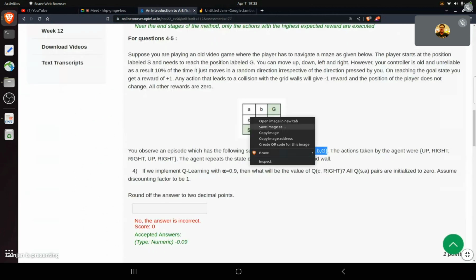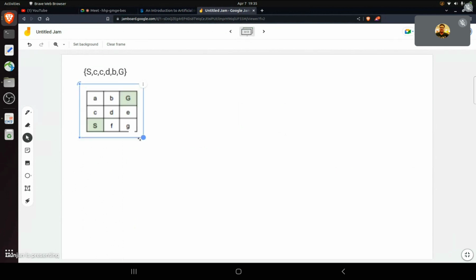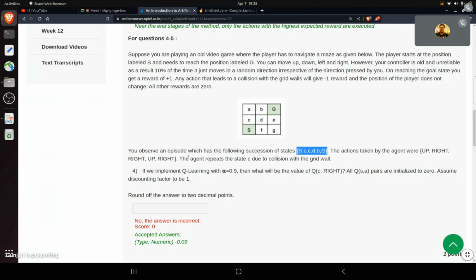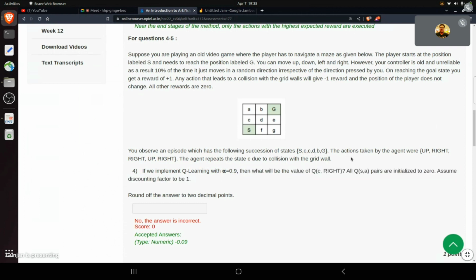If we are implementing Q learning with alpha 0.9, then what will be the value of Q(C, right)? All Q(S, A) pairs are initialized to 0. Assume the discounting factor to be 1.